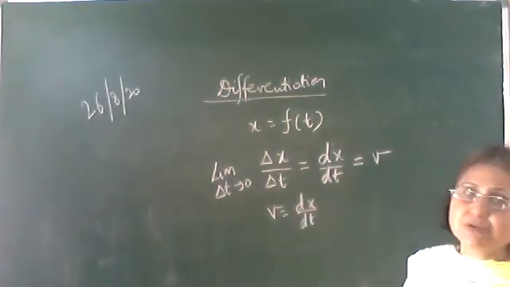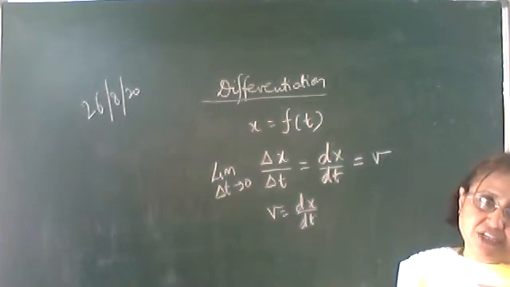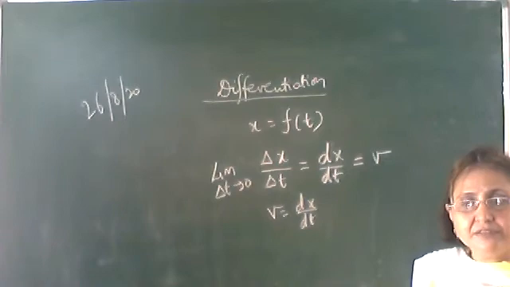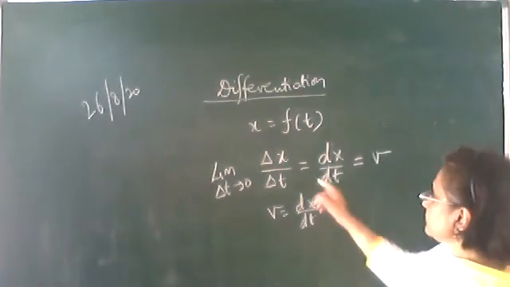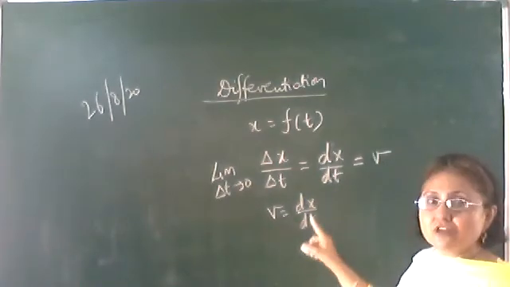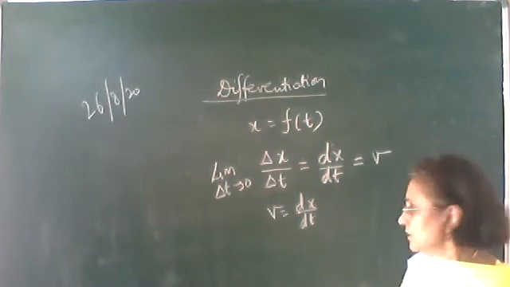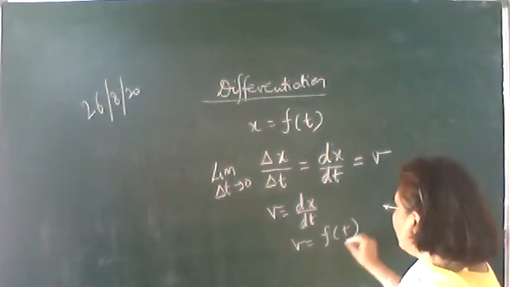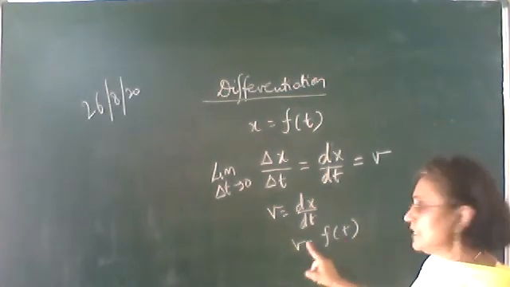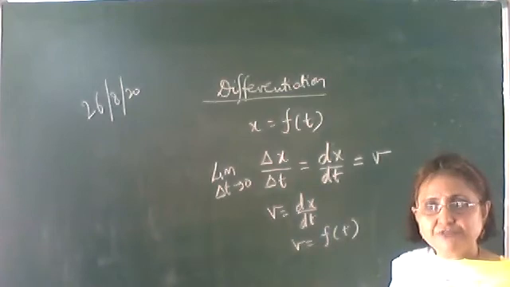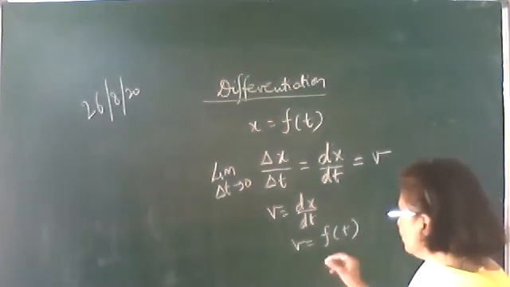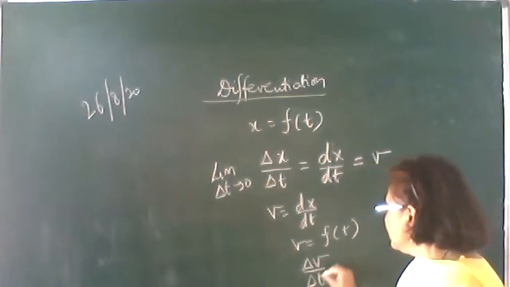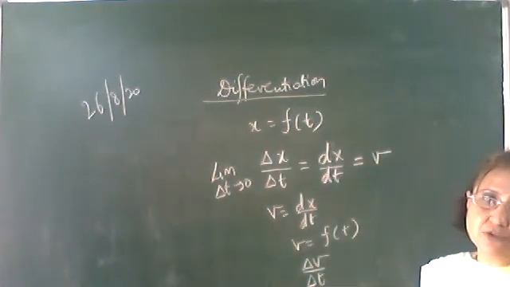If any equation is given between x and t, you can find its velocity by differentiating it. The same way, velocity is also a function of time. A small change in time t, correspondingly there will be a small change in v also. So delta v upon delta t is the change in velocity with respect to time.